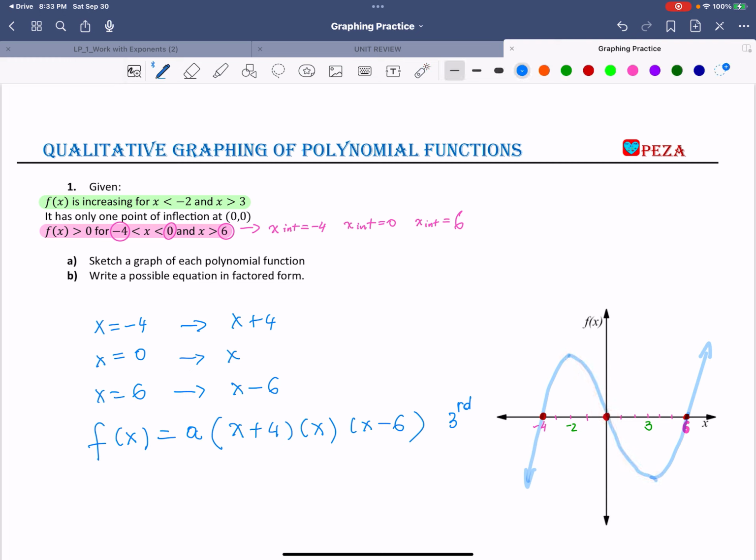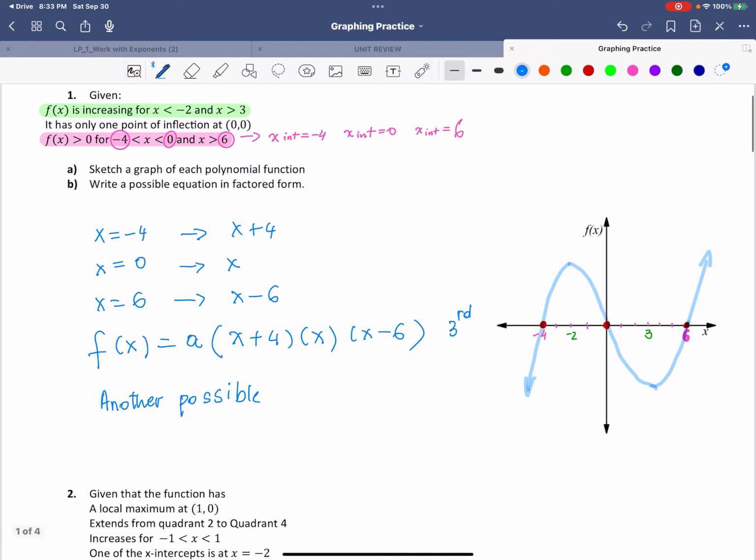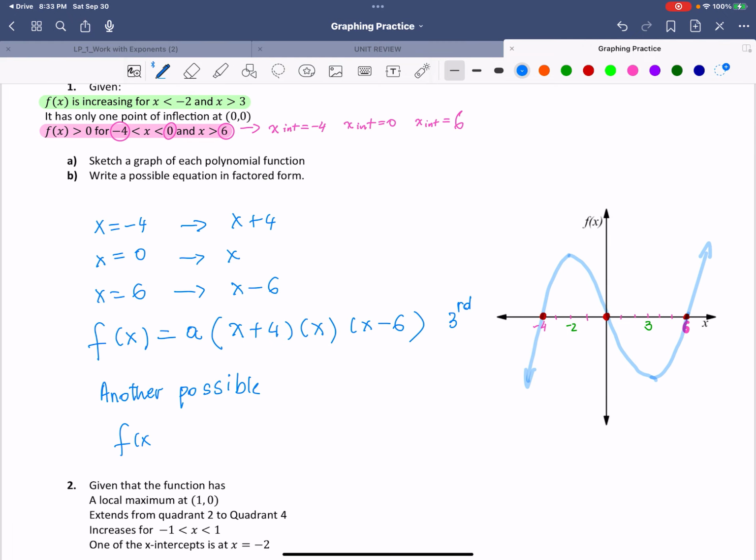So another possible equation would be the same as before: f of x equals a times x plus 4, times x to the power of 3, times x minus 6.